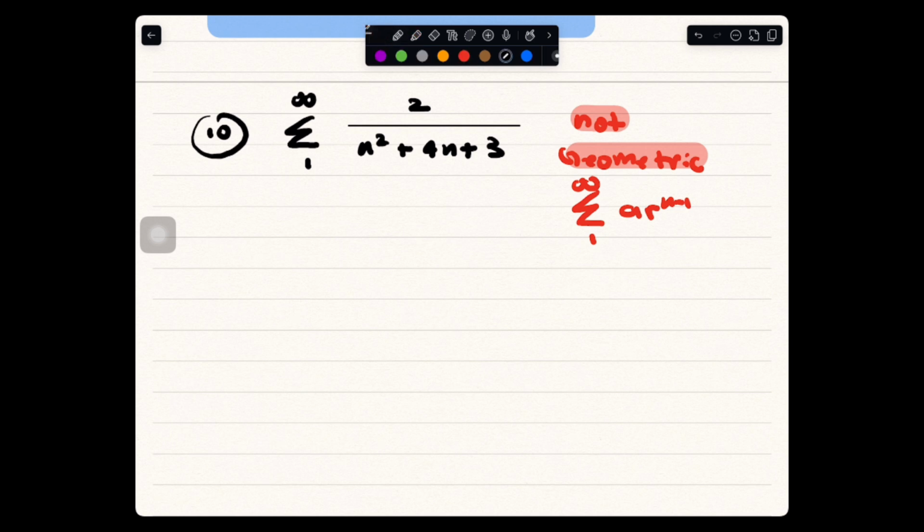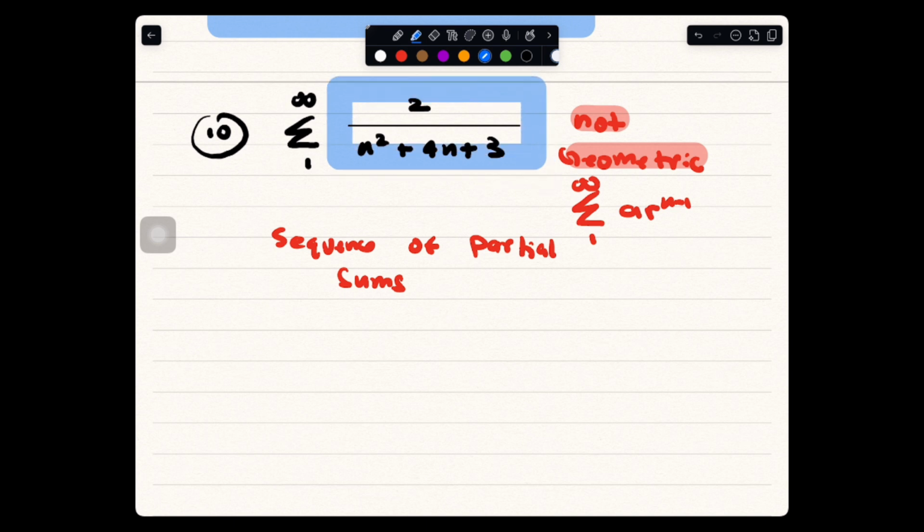Well, the only thing you can do is consider the sequence of partial sums. And you don't necessarily have a situation that's going to give you anything other than a rational function, where you want to use, again, what? PFD.